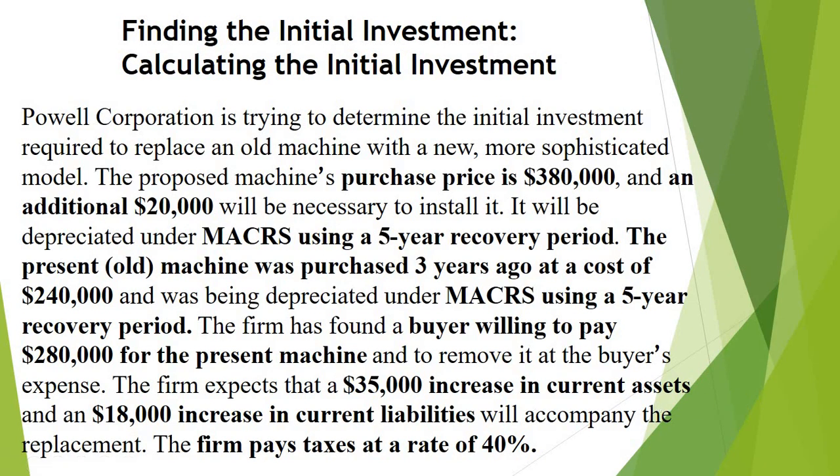Now let's look at the change in net working capital. The firm expects that there will be an increase of $35,000 in current assets and an increase of $18,000 in current liabilities.